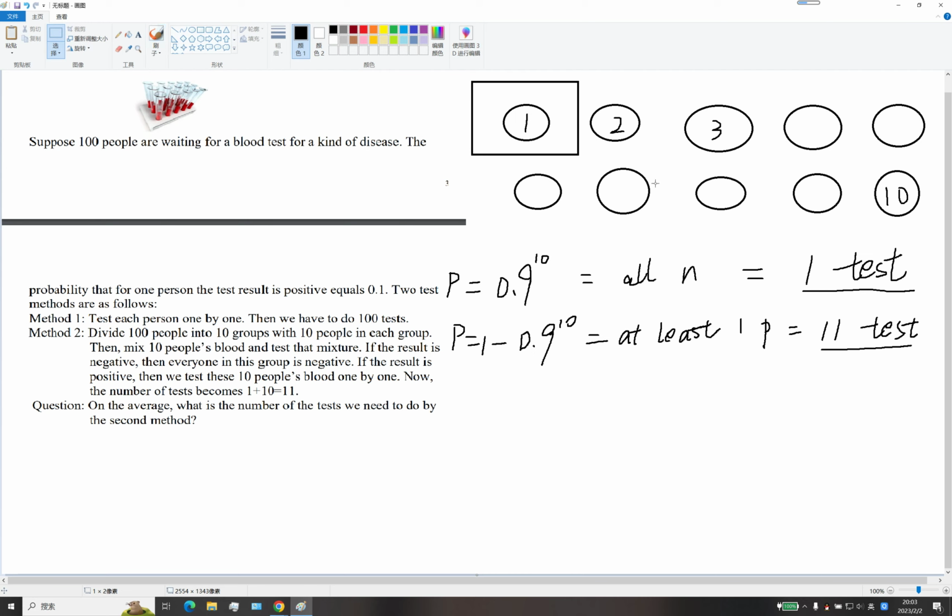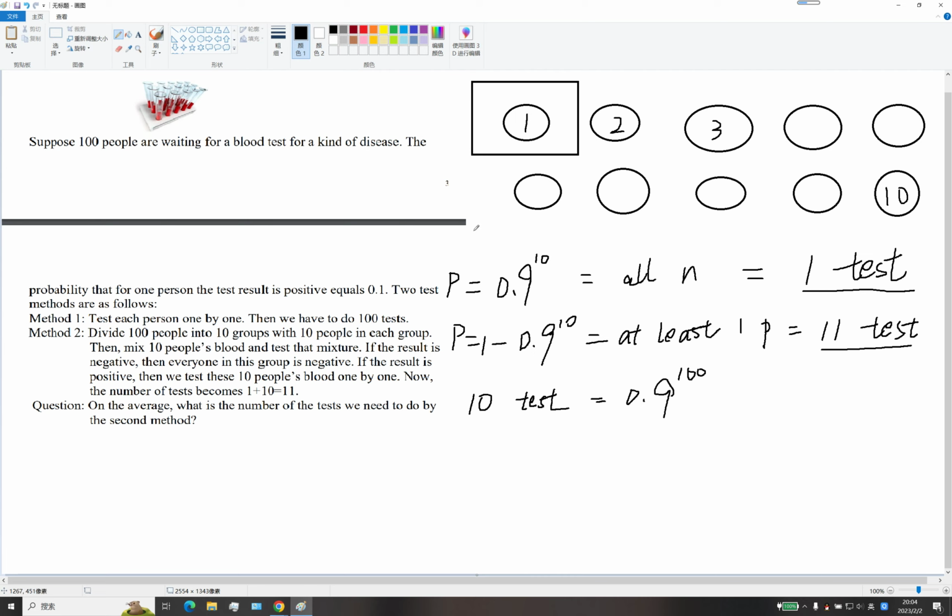First one is we have only to do 10 tests, which means all of the 10 groups are all negative. This is 0.9 multiplied 100 times.